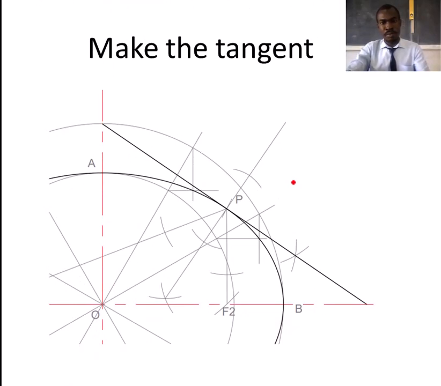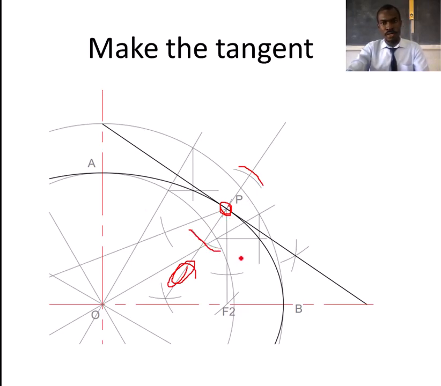Next is just to put a tangent. So what you do is you put a line that will be perpendicular to this line, the bisector to the angle. The way you do that is you get your compass, open to any convenient radius, stand at point P, strike an arc to cut this line, and strike an arc to cut this line.